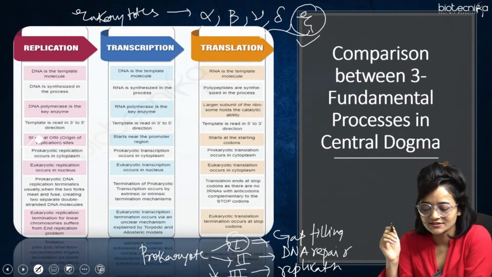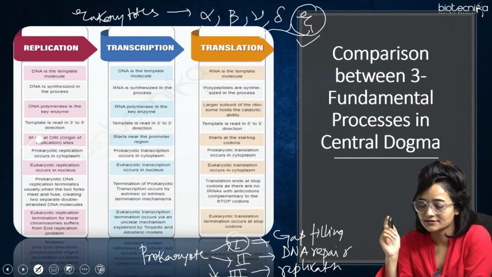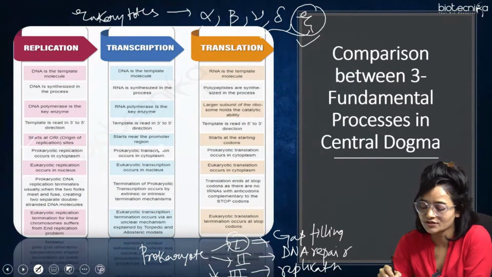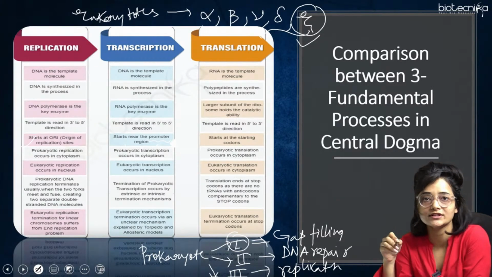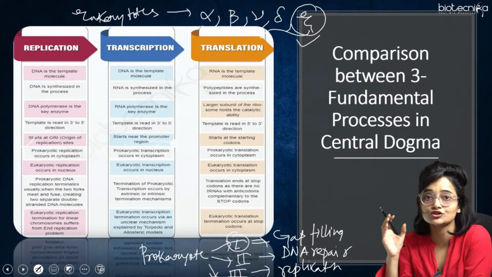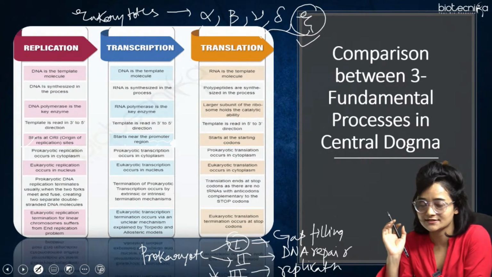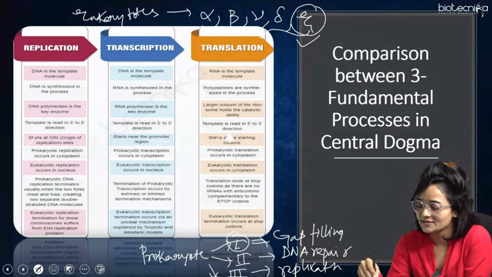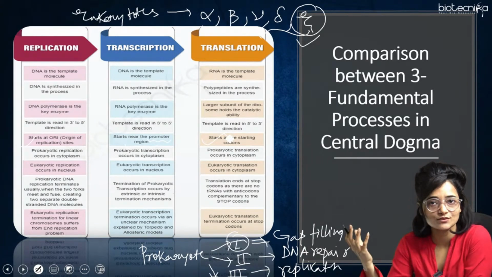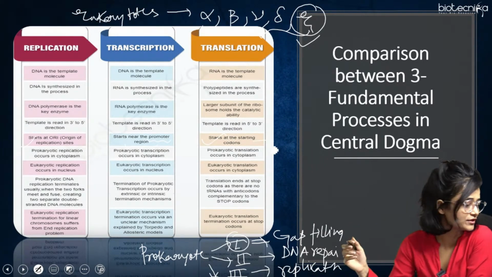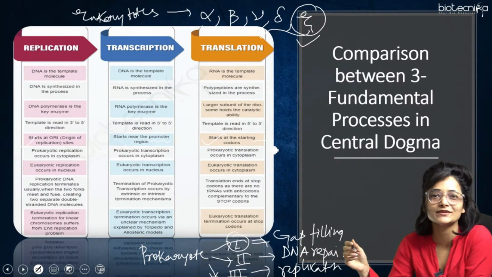Then other differences start at the origin. Replication starts at the origin of replication, and transcription starts near the promoter region. Promoter regions are very important in both prokaryotes and eukaryotes. You should know the difference in the promoter regions in both of these cases. And translation starts from the start codon.